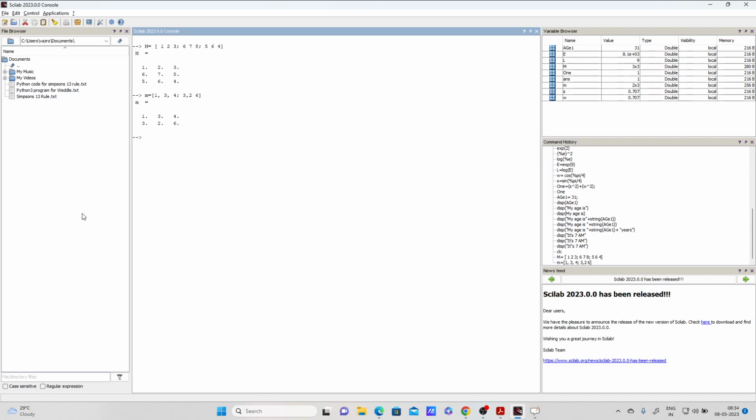Now some simple operations can be defined, but I'll have to enter some more matrices. So let me enter some more matrices. A is defined as 3 4 5, end of the row, 3 3 5, sorry, 3 space 5.